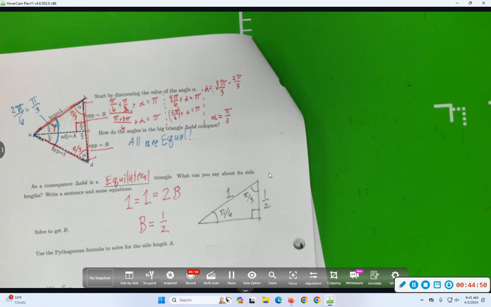That side length I don't know yet. That side length is length A. I'd like to know trig functions. What seems like the next thing to do? So, yeah. Let's find the side length A. Or I guess we already know the opposite and the hypotenuse, so we could figure out sine of pi over 6 immediately.